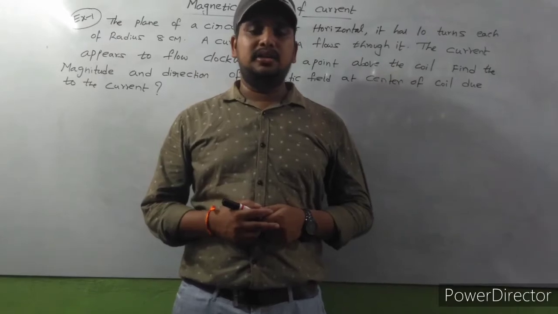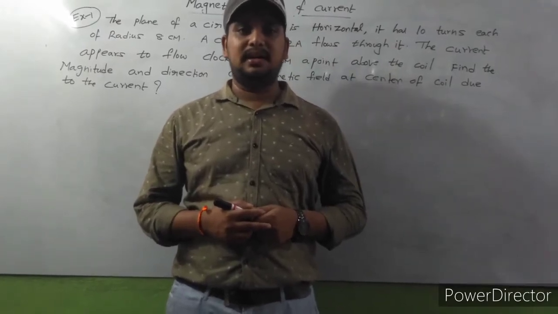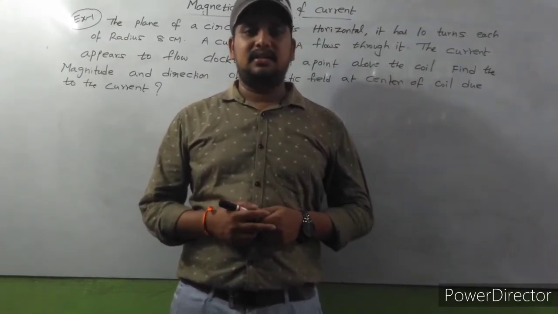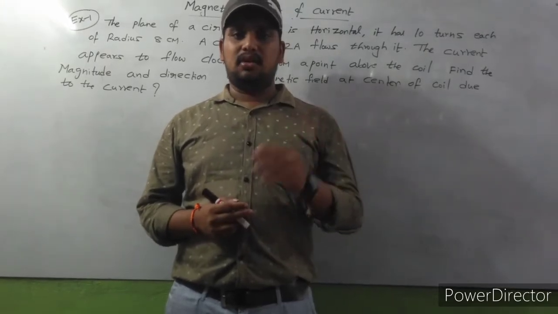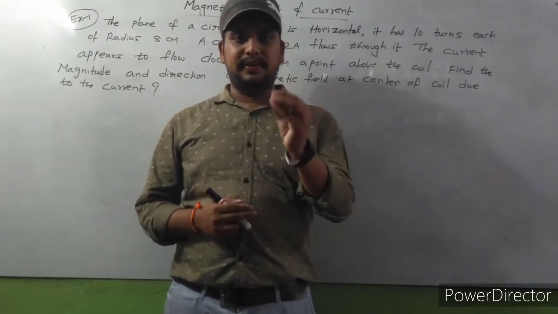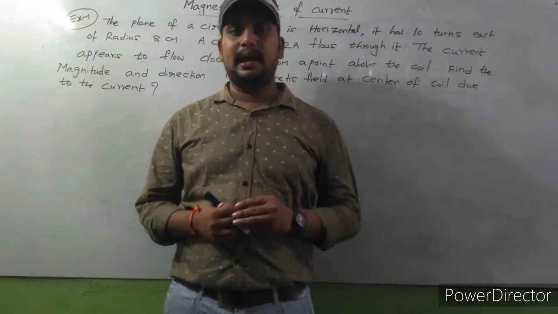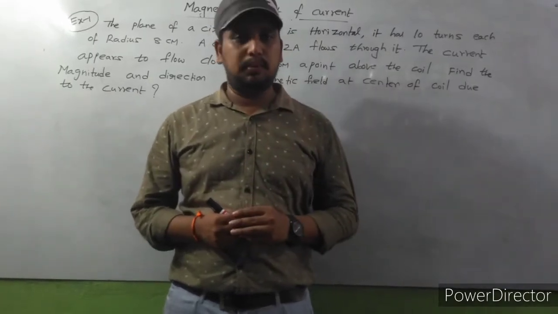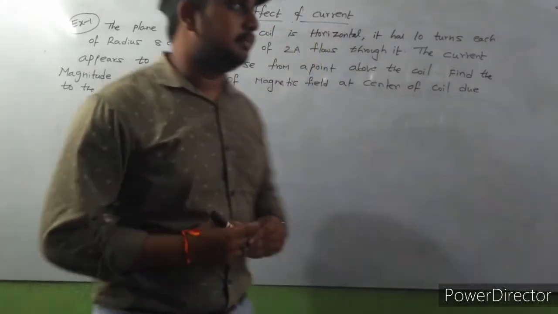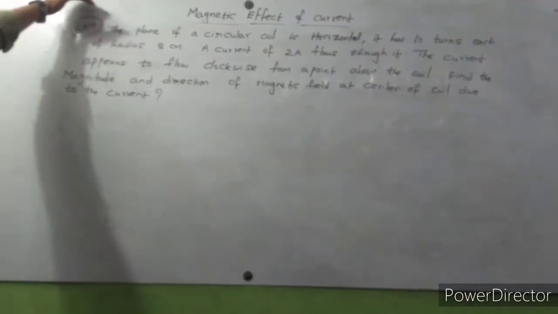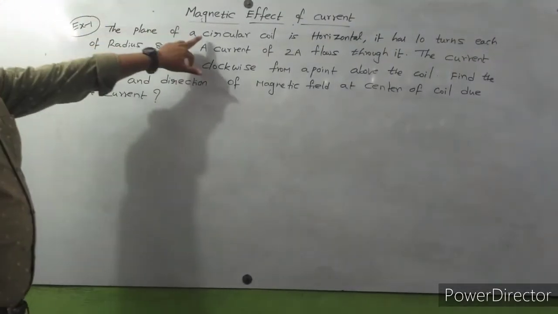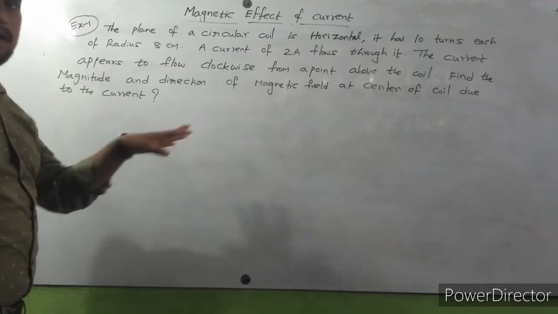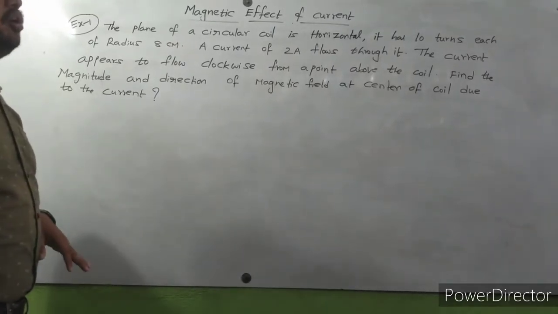Well, continuing my lecture on the chapter magnetic effect of current, numericals on magnetic field, to find the magnetic field at center of a circular loop or coil. Problem number 1. The plane of the circular coil is horizontal.